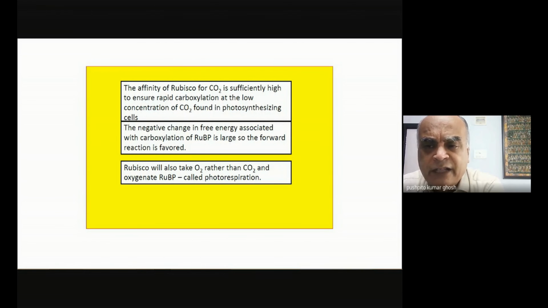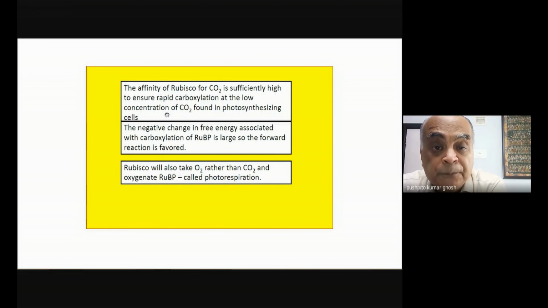It did not require any other energy source, so it must have been a thermodynamically favored process. It undergoes a rapid carboxylation and then gets converted into the 3-phosphoglycerate. It first takes in the CO2, binds strongly, and then falls apart and forms 6 of those molecules.